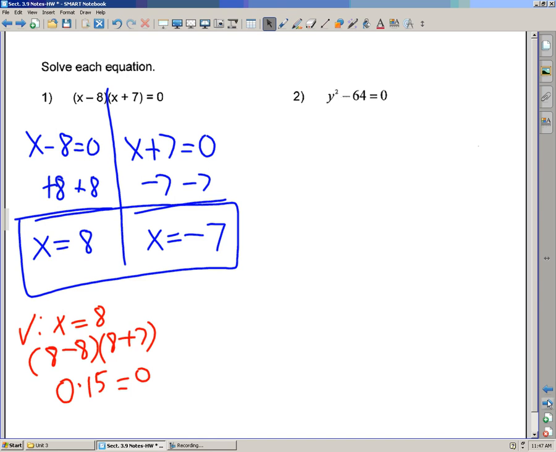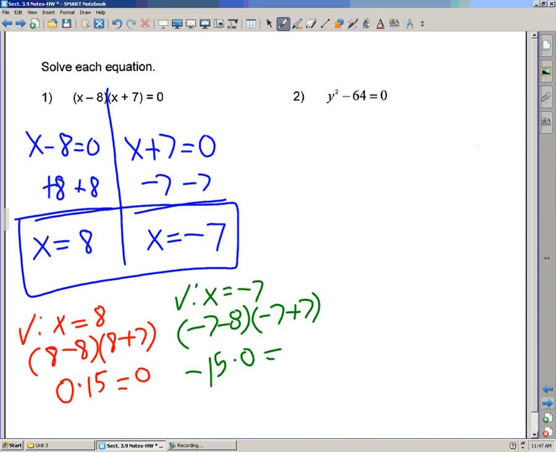If you checked it with x being negative 7, then your work would look like negative 7 minus 8 in one parenthesis, negative 7 plus 7 in the other parenthesis, negative 15 times 0 equals 0, and it works. So all you're doing is figuring out what's going to make the equation equal to 0. That's good.